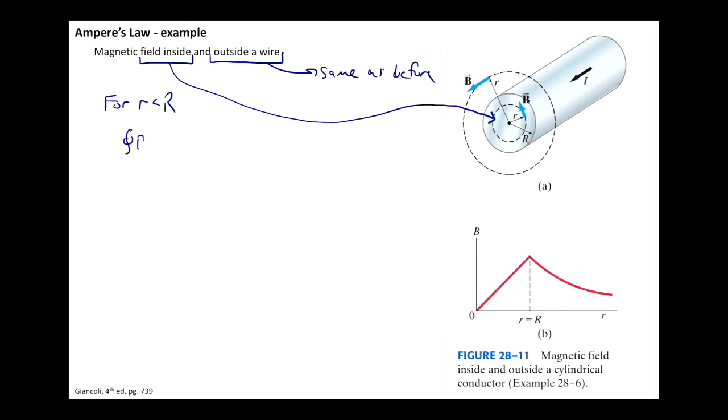So don't blink or this is going to be over. B dot dl is equal to mu naught times I enclosed. Once again, the left-hand side is going to be B times 2 pi r for the circumference. The only complexity here comes from I enclosed, because now if I is passing through the entire volume of the wire, the I that lives inside here is some fraction of the total amount of the current. Not all of the current is enclosed by that path.